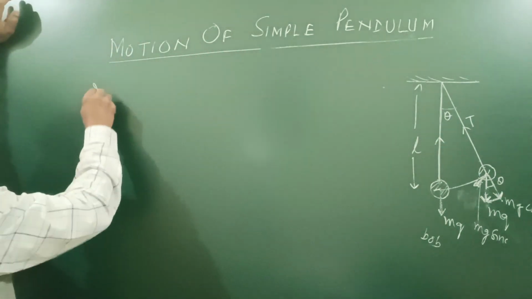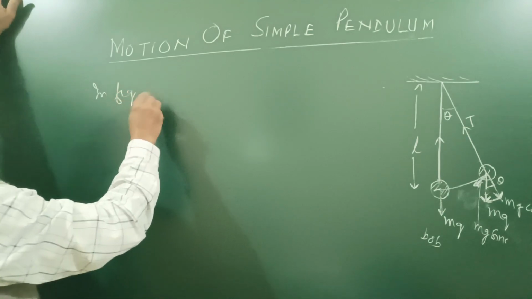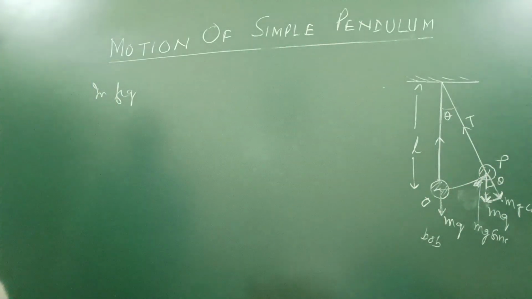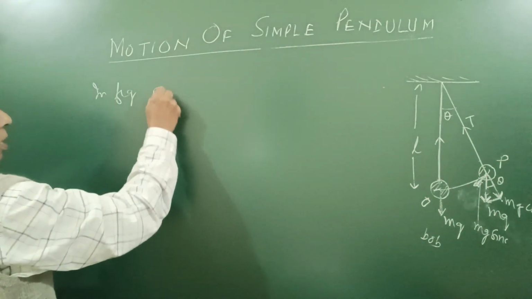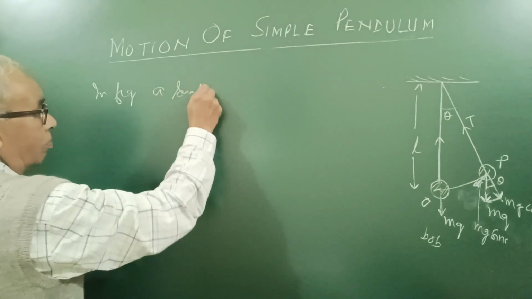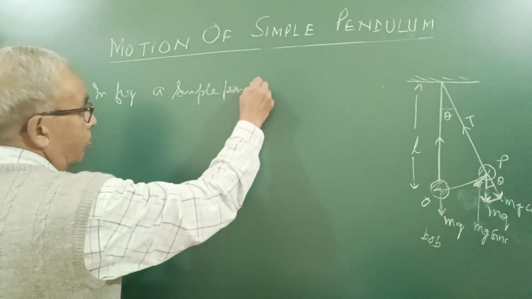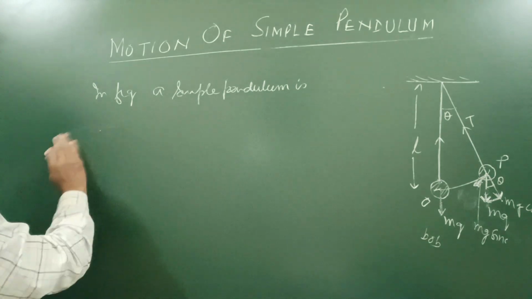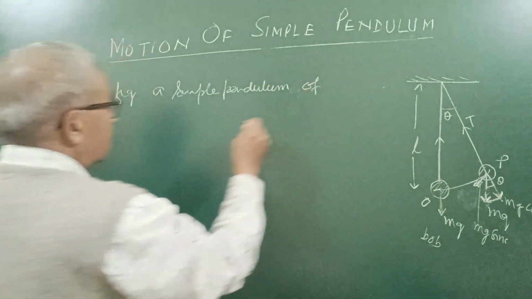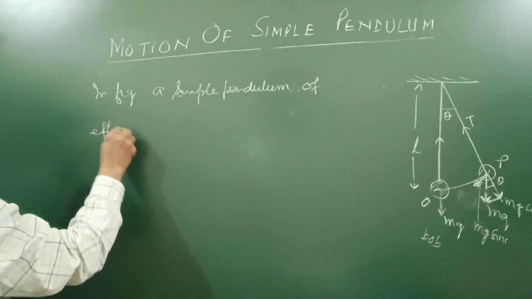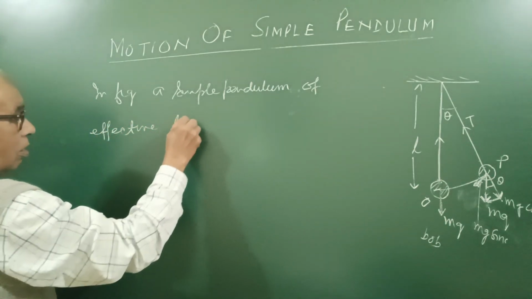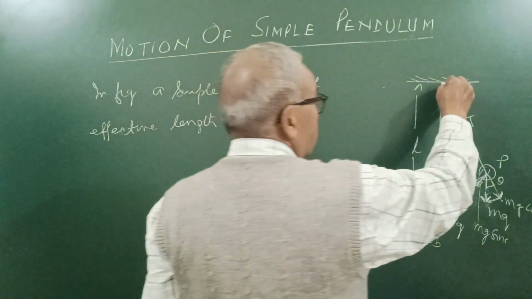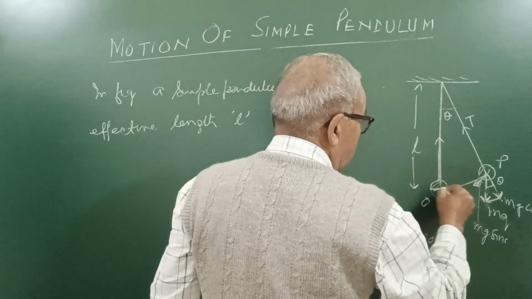So in the figure, this is point O, this is point P. In the figure, a simple pendulum of effective length L. You may ask, what is effective length? The actual length of the string plus the radius gives the effective length.